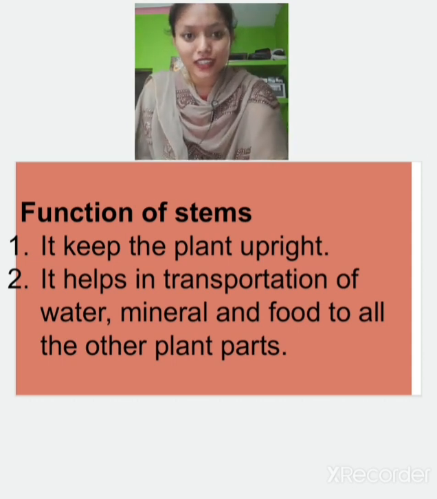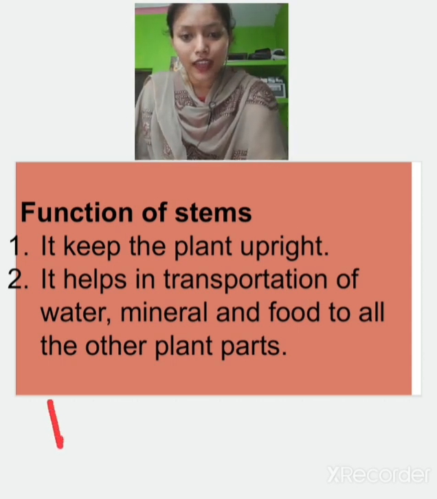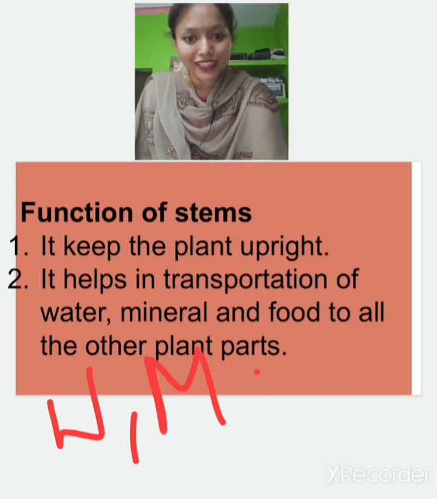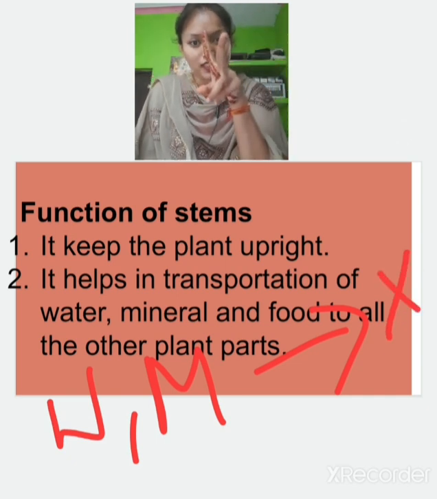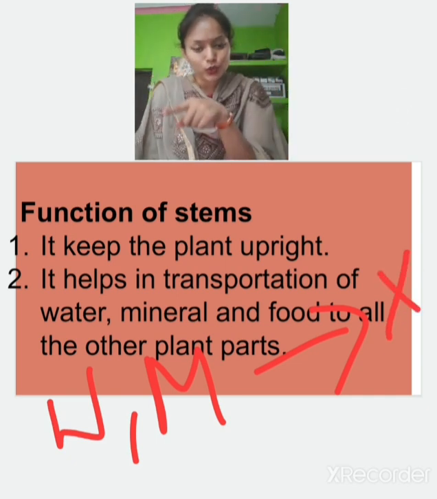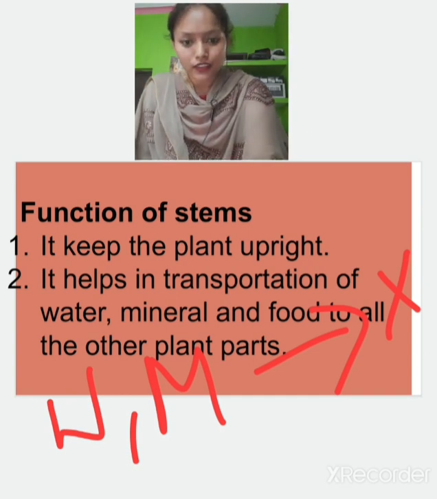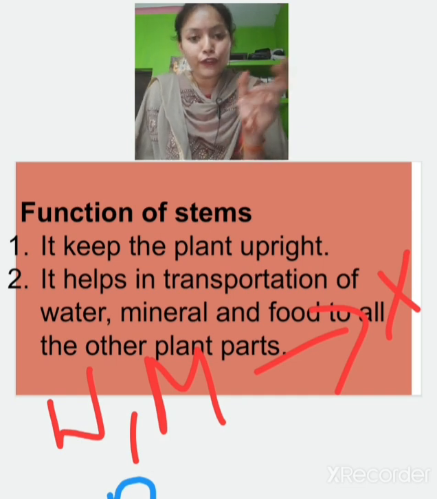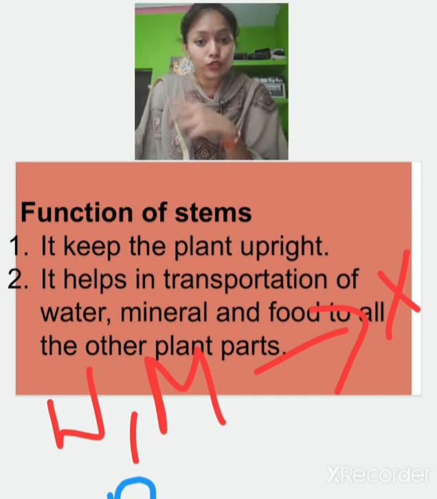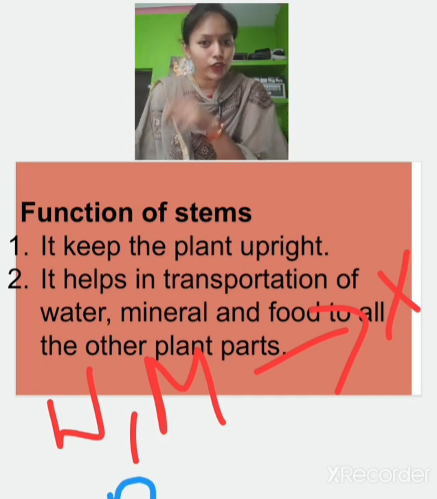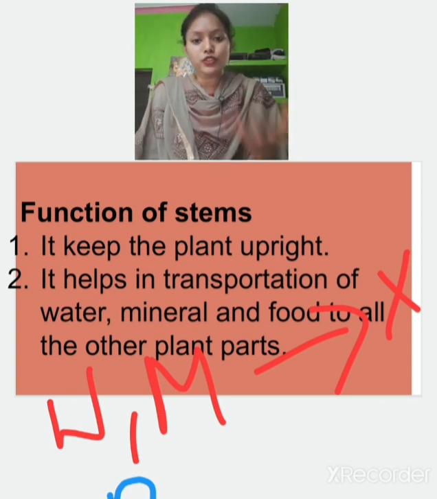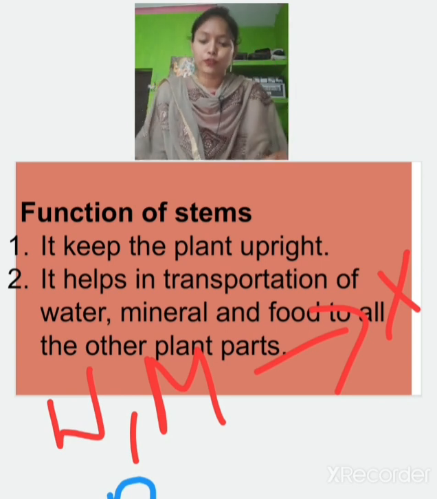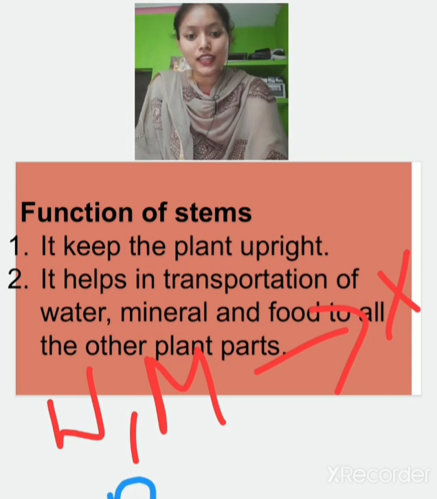Water and minerals, W and M, are transported through the tissue known as xylem, X. Two things are transported through xylem. And food is transported through phloem, F sound. So food is transported through the phloem tissue. It is present in the stem.